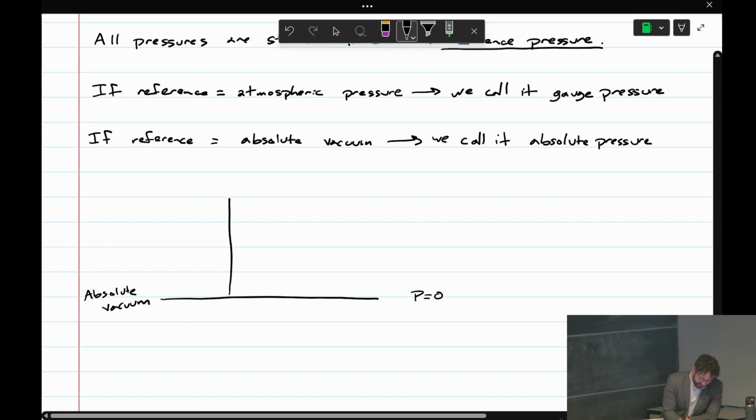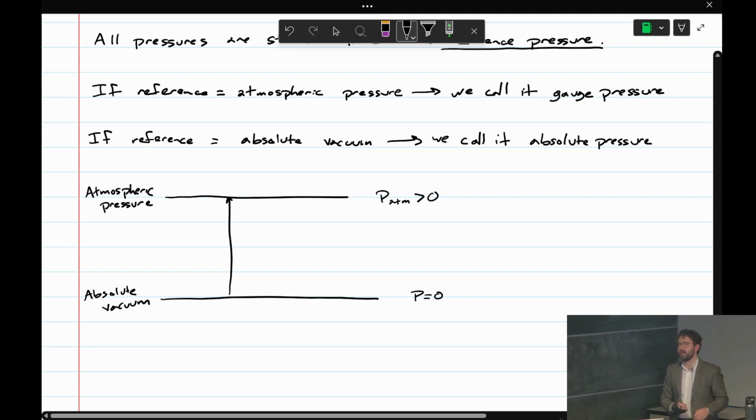So above this absolute vacuum, we define atmospheric pressure. So that atmospheric pressure is, of course, positive. You never hear someone say the atmospheric pressure today is like -2 kilopascals. It's always positive.